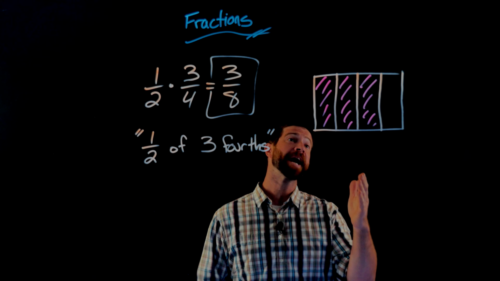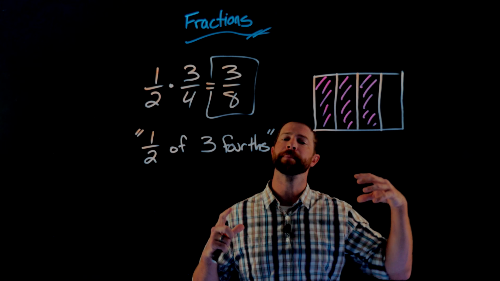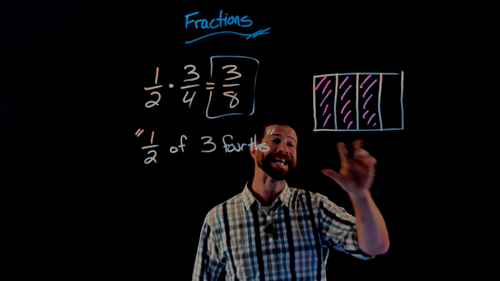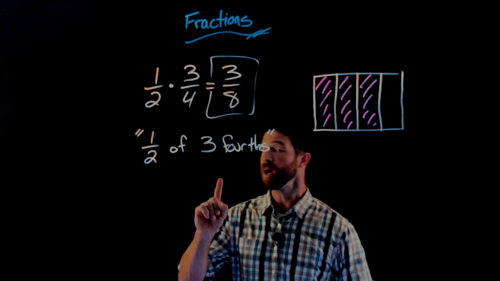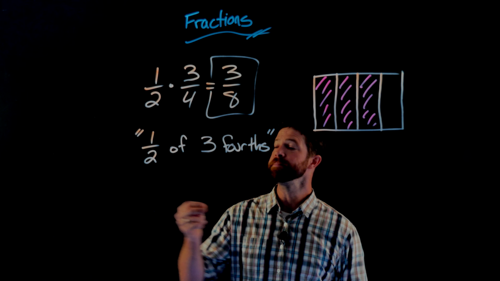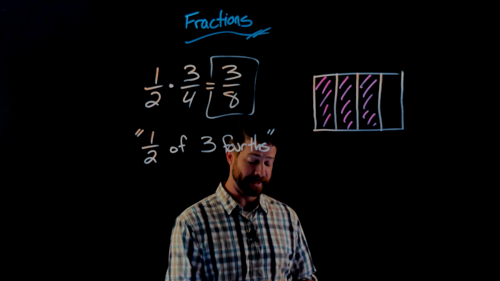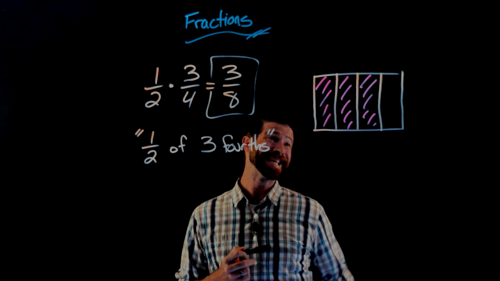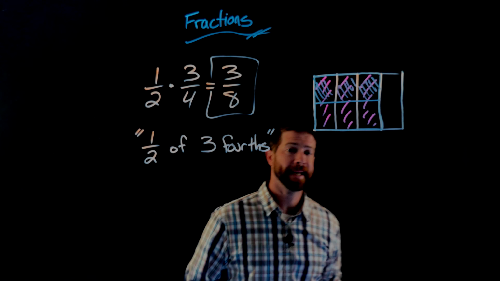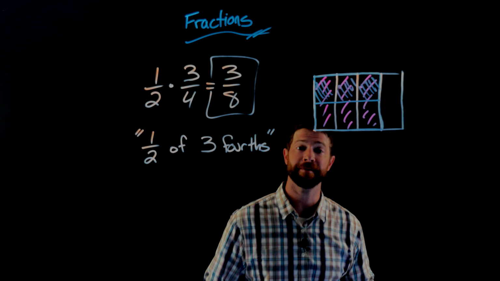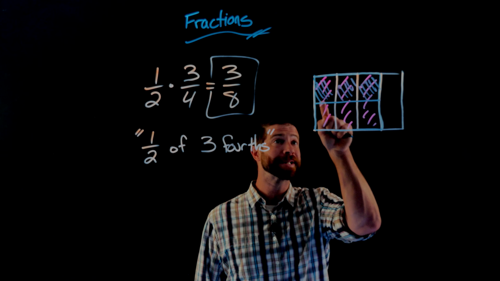All right, here we have 3/4. I've taken this box that I'm going to call 1, and split it into 4 different parts. That's the fourths, and I've taken 3 of them. What I want now is to describe what it means to have half of those 3/4. So let's cut this in half, and now the question is, how much of the original whole do I have? Well, I need to count the size of these pieces.